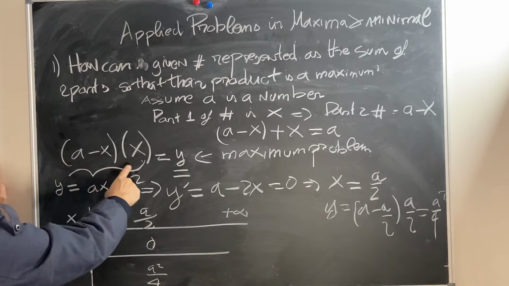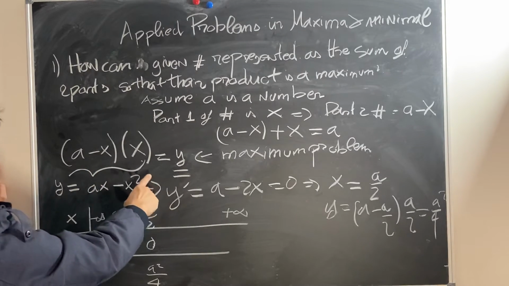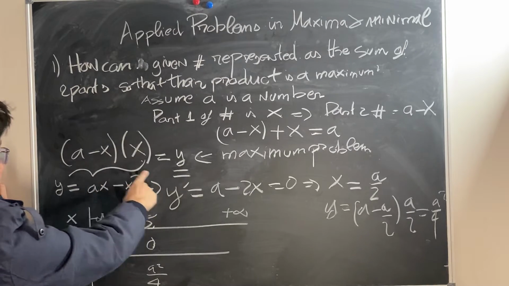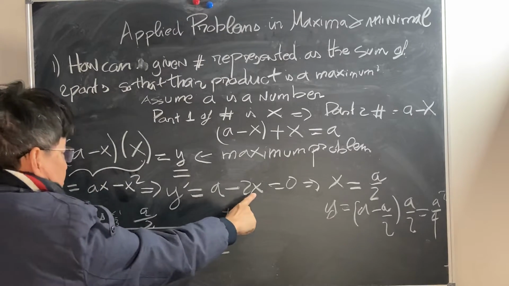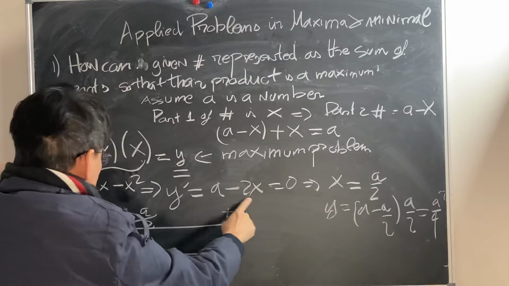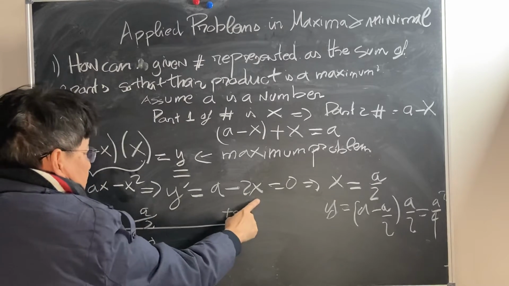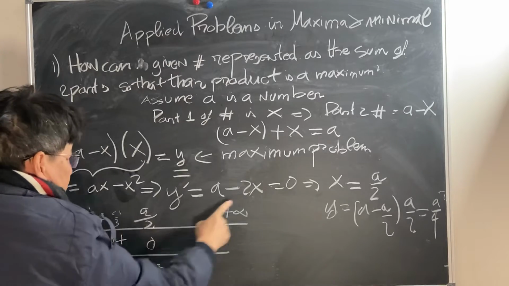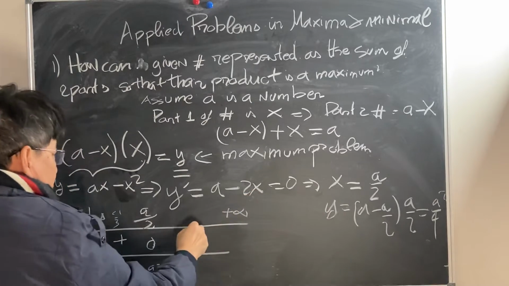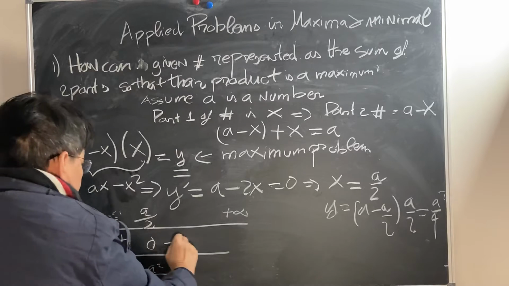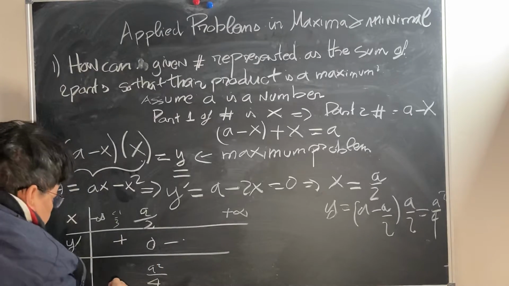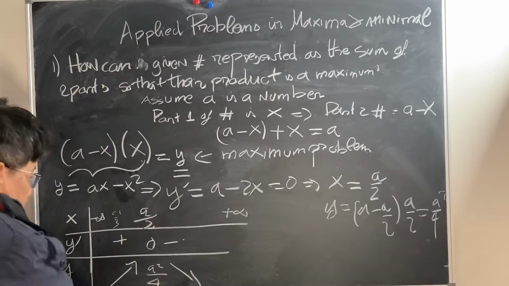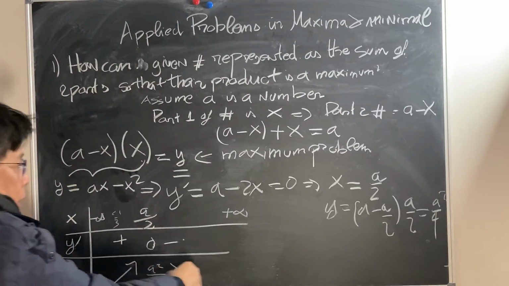You substitute a over 3 here into y prime. Then you have a positive, and then negative. So the function goes up and goes down. So we know it's the maximum point.